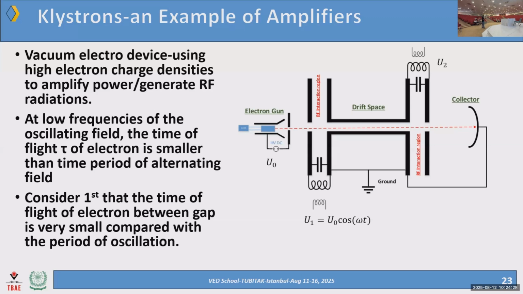These are the two resonators that are tuned, taking into account the frequency and the amplitude, the potential in it. But this frequency has to be low in the sense that the electrons can pass from this point to the other without significant change in the amplitude of the field.